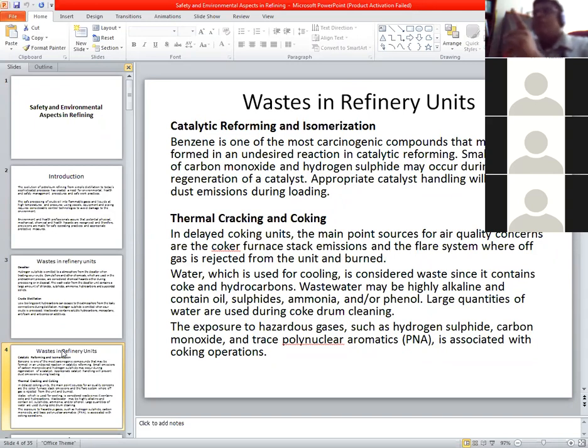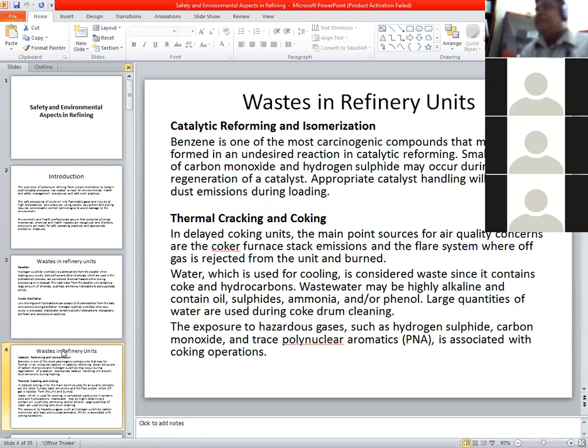And as you know, benzene is a carcinogenic substance. We cannot avoid producing benzene in the catalytic reforming because it is an undesired product. So we have to find a way to capture this benzene.